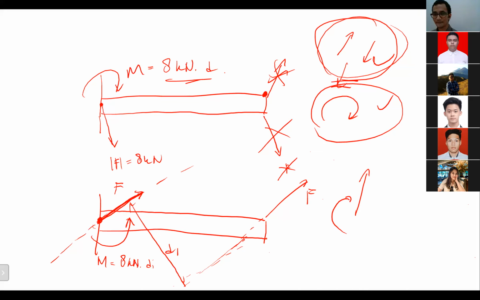So whenever we move one force like this one to another location, what we will get is exactly the same amount of force, but we have an additional couple. And you have to remember to delete this, because if you don't delete that, the effect will be double. We cannot consider the force twice, right?